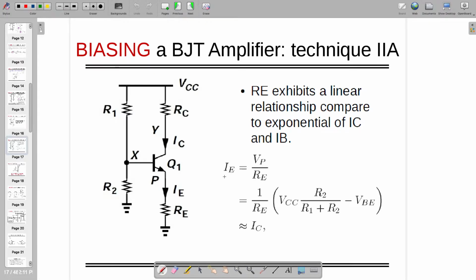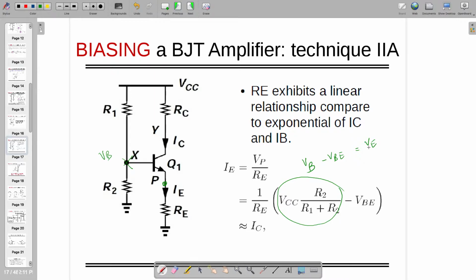You can check that IE is nothing but VE divided by RE. This is VB, right? Look at this. This is VB, and VB minus VBE is equal to VE, right? You agree with me, right?